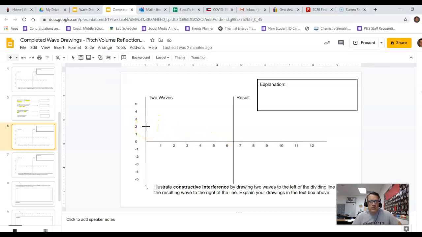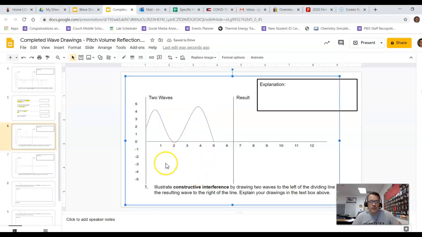We'll start at the 2, go up to the 4, down to the 2, up to the 4, and let's just make it here. That's not perfect, but it's good enough for now.